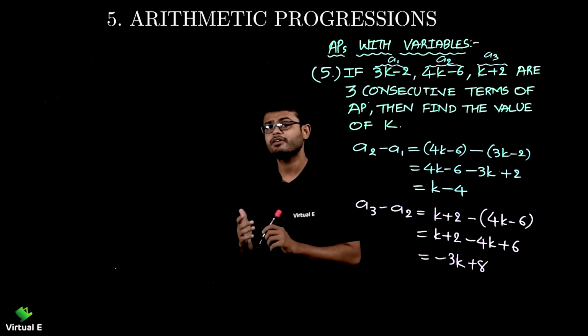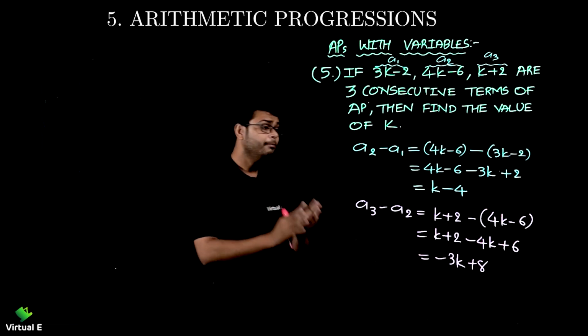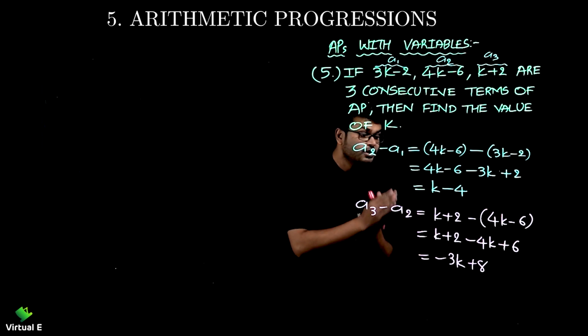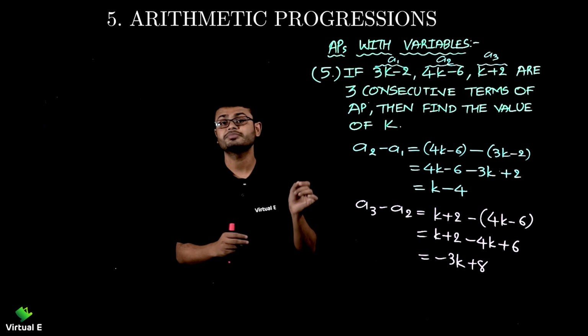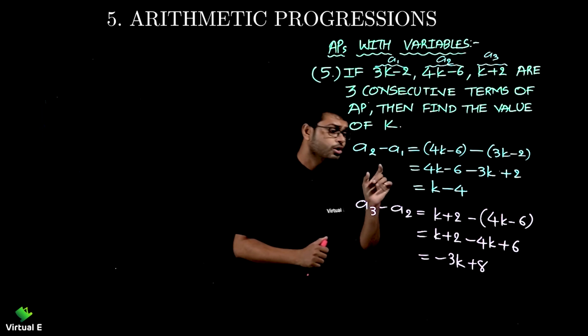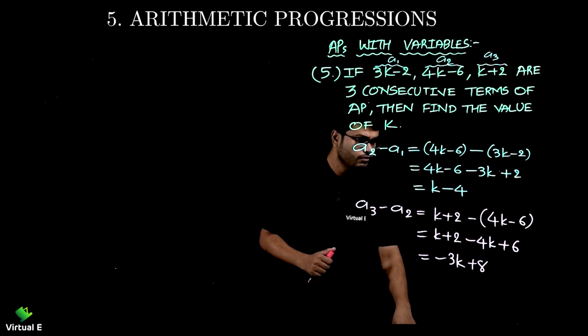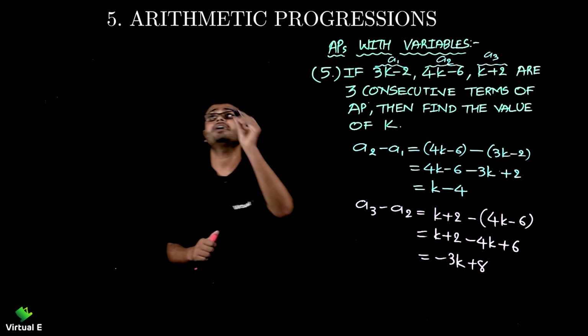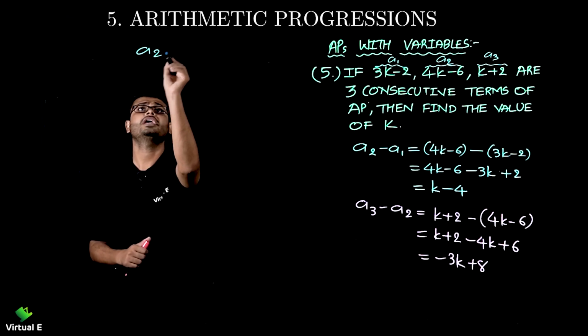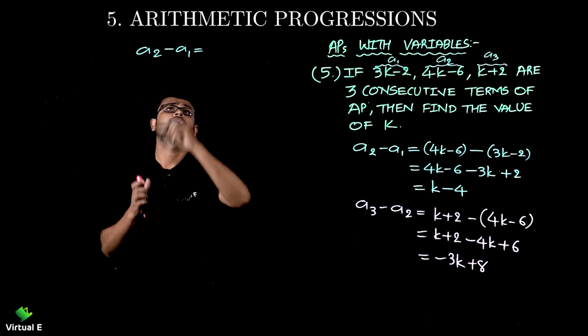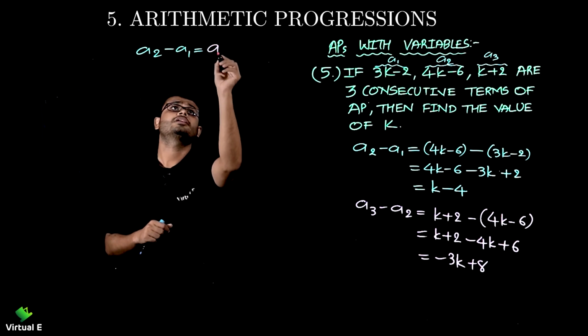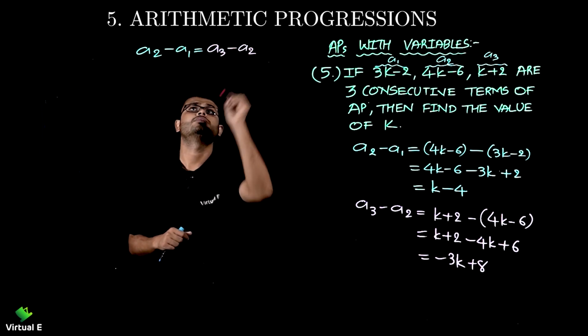Now guess what are we going to do? We are going to compare the difference because it is given these terms are in AP. So the difference should also be equal. Let's do it. A2 minus A1 is equal to A3 minus A2, right?